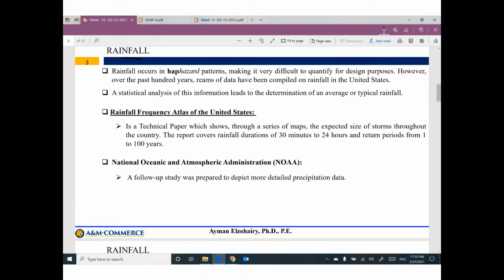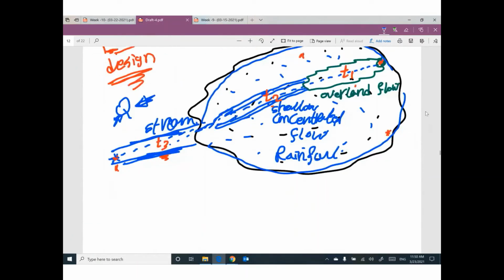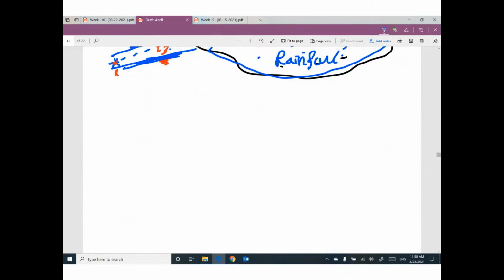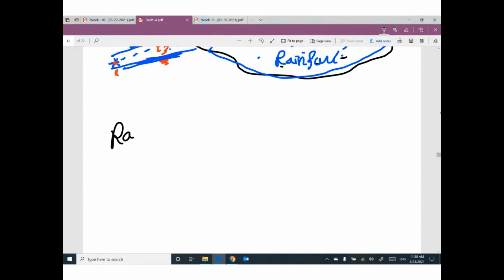Do you think we can expect what will happen tomorrow? I'm talking about rainfall, just to be clear. Do you think we can expect how much rainfall next spring 2022?